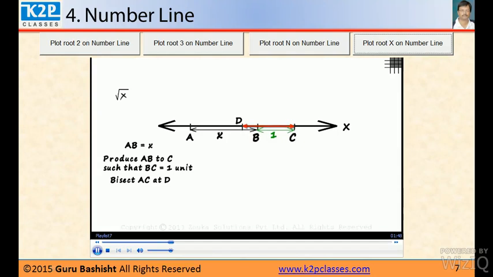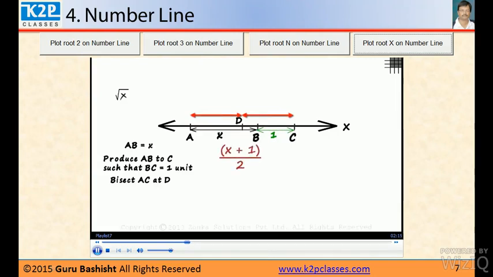Let's review what we just did. We had to plot root x. We took AB equal to x units on the axis, extended it by 1 unit to form AC, and then divided AC into 2 equal parts at point D. So if AC is equal to x plus 1, then AD and DC will equal x plus 1 divided by 2.